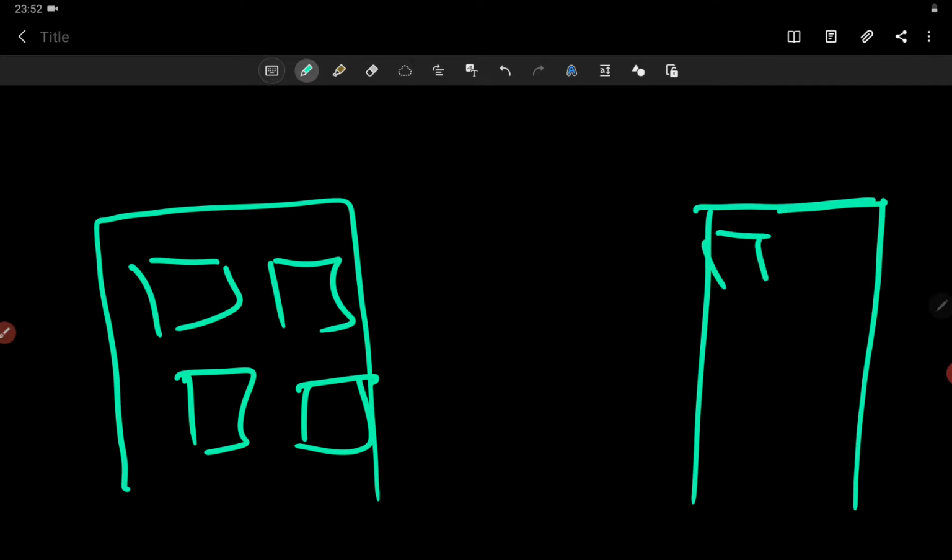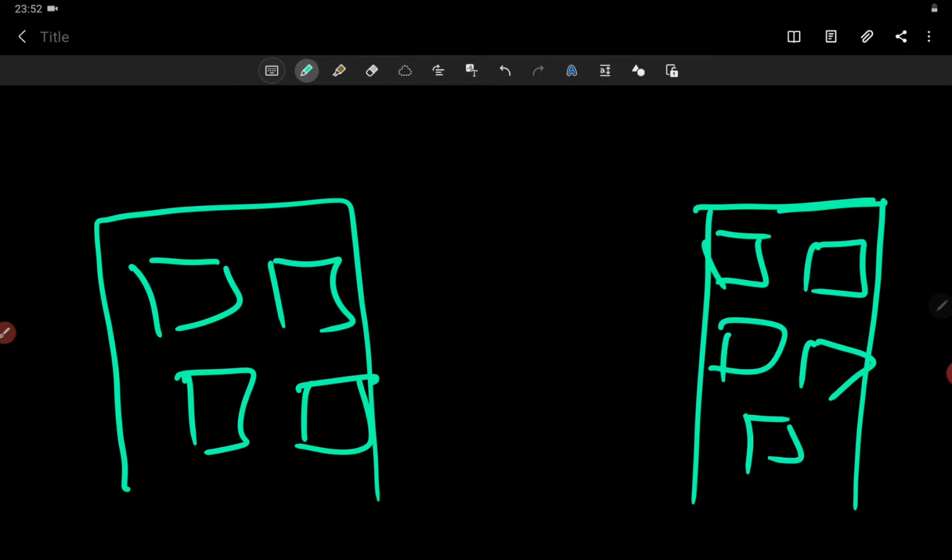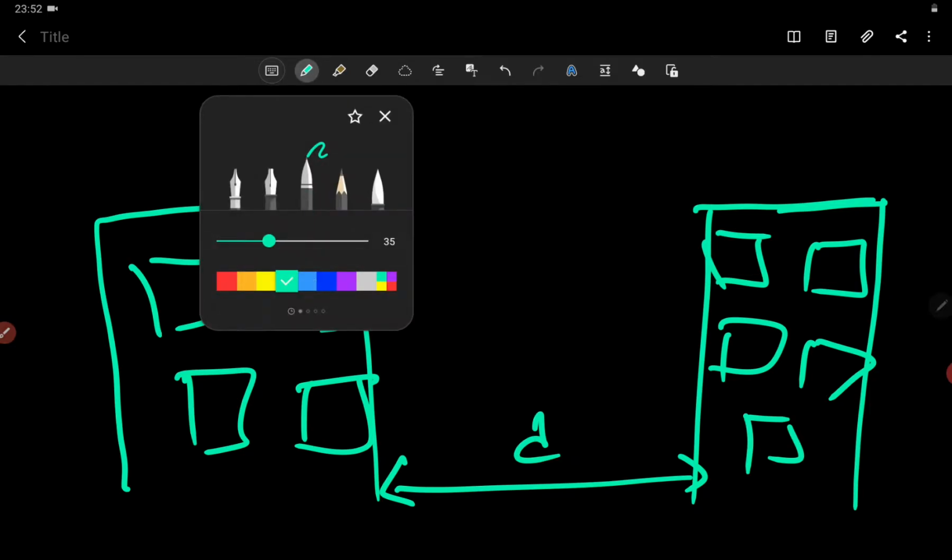right, and then we have two observers on the buildings, suppose, and the distance between these two buildings is D, right, which is nearly 1 kilometer. Then we can have observers as well, right.